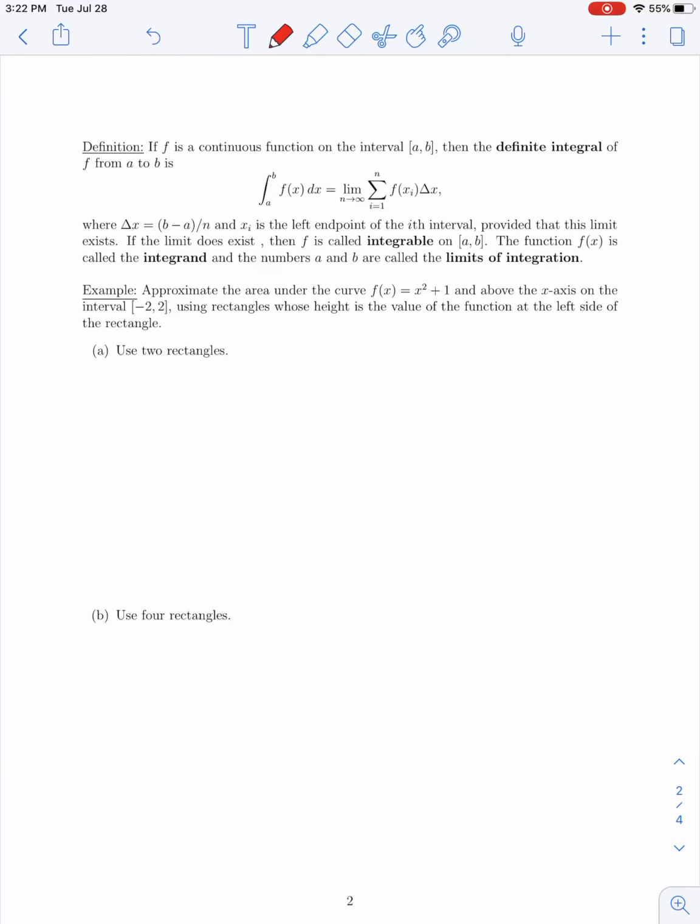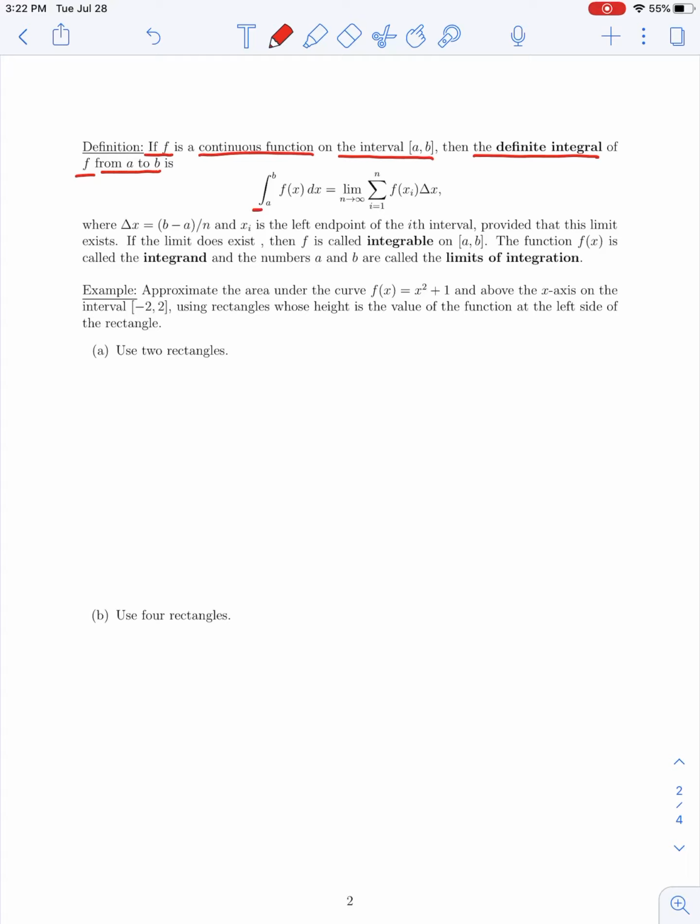So that leads to the following definition. If f is a continuous function on the interval from a to b, then we define the definite integral of the function f from a to b as follows. So the notation that we use is very similar to what we had for the indefinite integral.